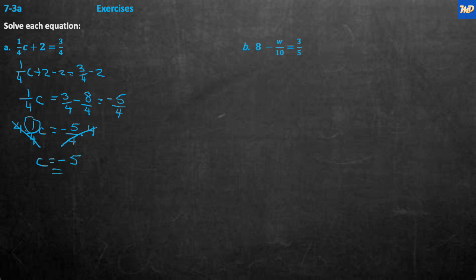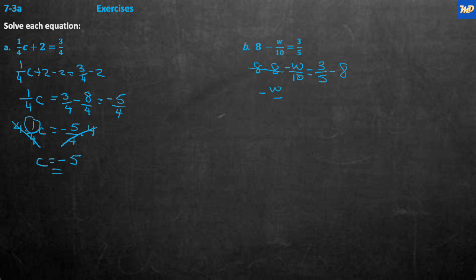So now let's look at B. As before, I'm going to get rid of the 8 right in the very first line here. So 8 minus W over 10 is equal to 3/5 minus 8. Okay, the 8s disappear.